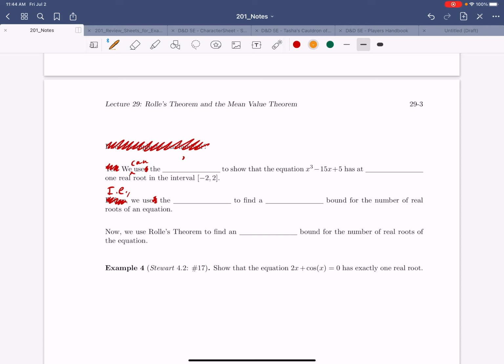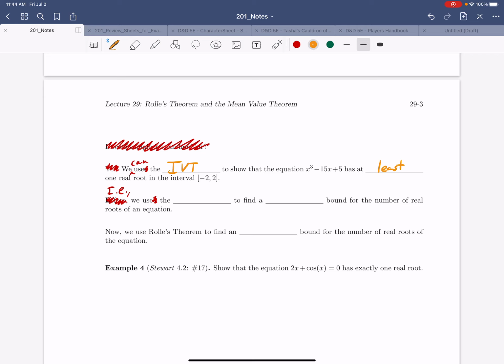So just to point out, I changed my notes up a little bit because I thought we had used this example before, we hadn't. I just want to draw a contrast here: we can use the IVT, the intermediate value theorem, to show that this equation has at least one real root.